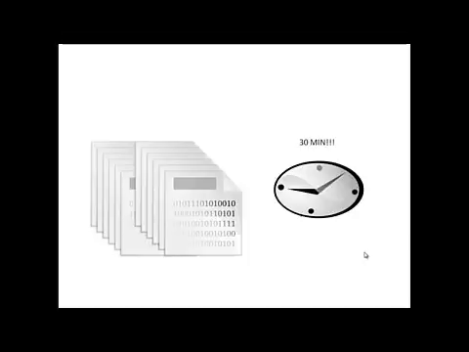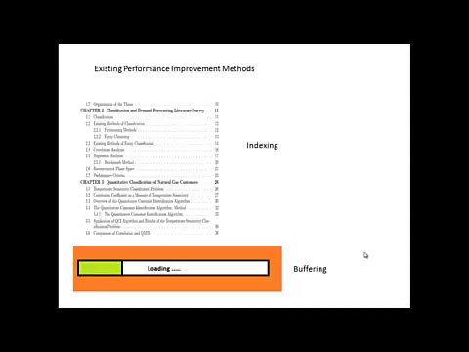Some attempts were made to improve the performance of these OLAP systems, such as indexing or buffering, but at best they presented an improvement of maybe a factor of 10, but that's it. But when you're talking about billions of records for huge companies like PepsiCo or Coke, who process millions of sales transactions every day, the performance improvement is just marginal at best.